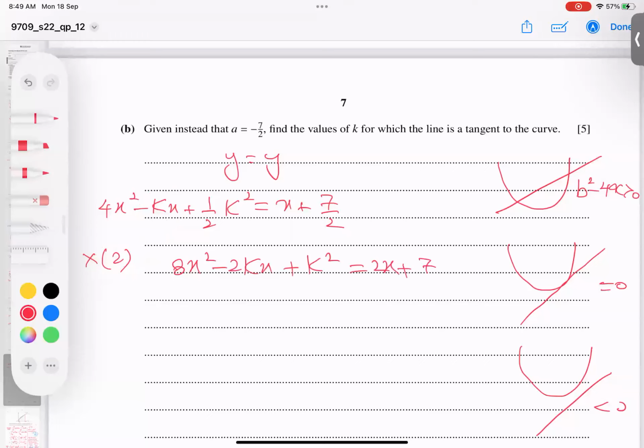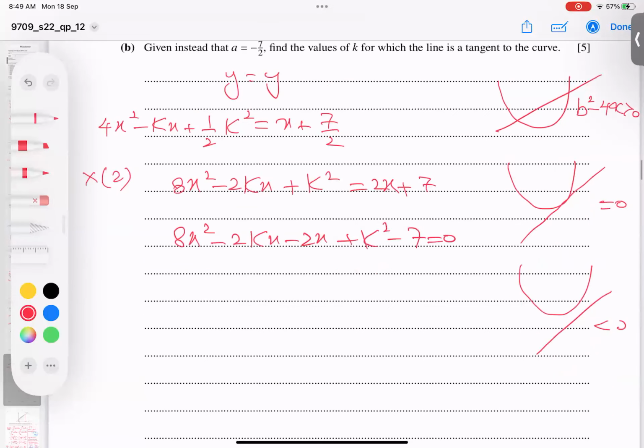Sorry, for 2x, see again: 2 multiplied, I got 8x. 2 multiplied, I got 2kx. 2 cancels, I got only k square. And 2x with the 2x. I think all okay. Reorder this so both values come to the left side. So this -2kx, -2x plus k to the power 2 minus 7 equal to 0. Or I just take x common from here.